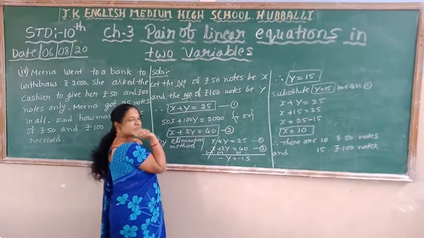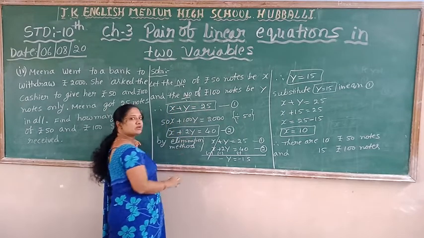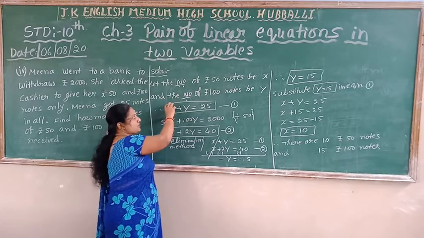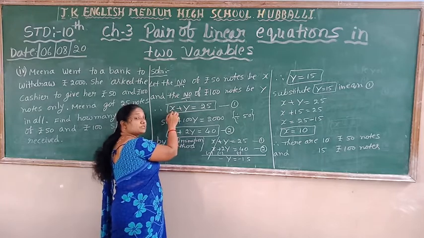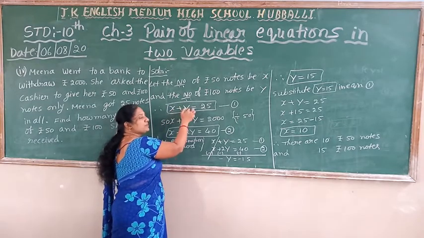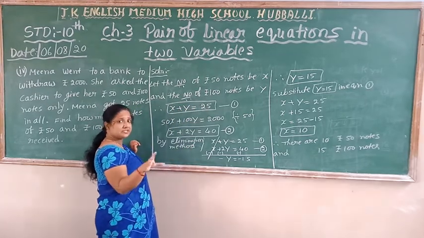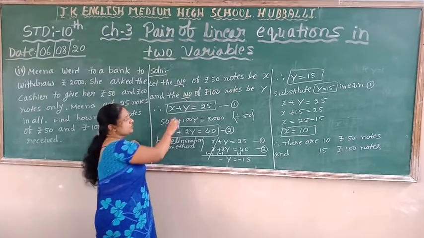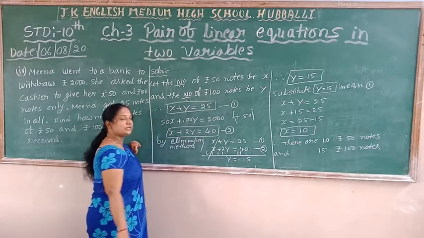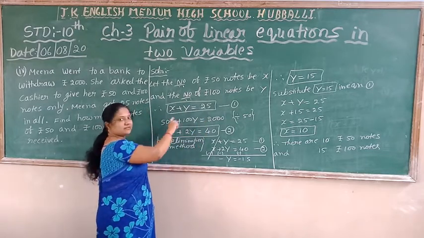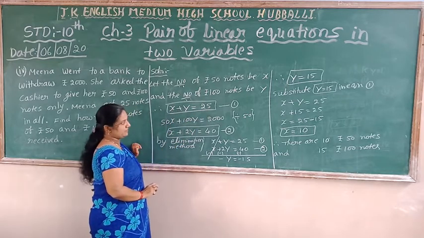So according to the statement of this question, the number of rupees 50 notes plus the number of rupees 100 notes is equal to the total notes she got, 25. So we can write x plus y is equal to 25. You call this equation number 1.